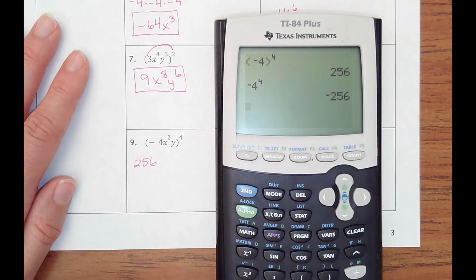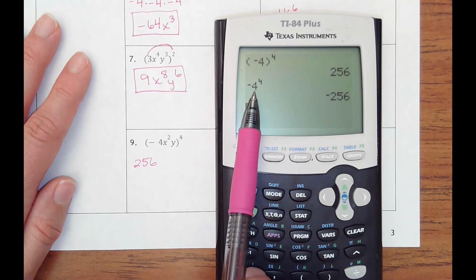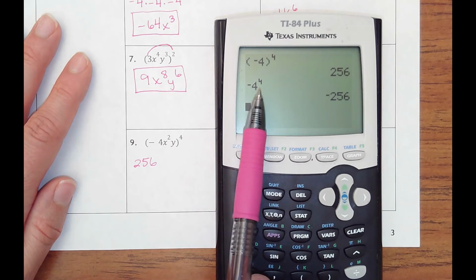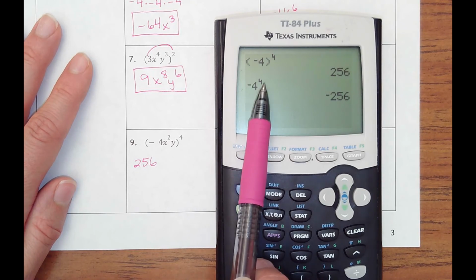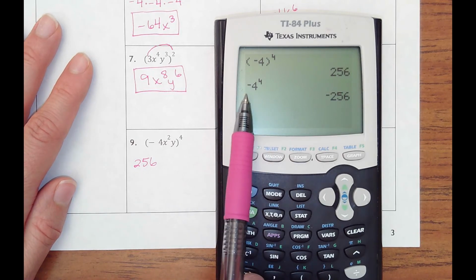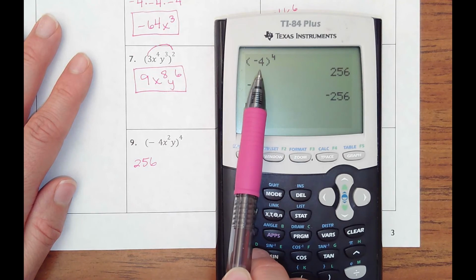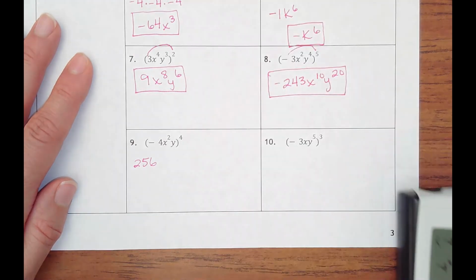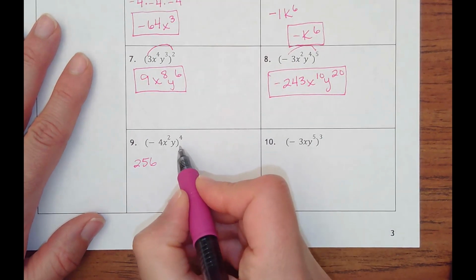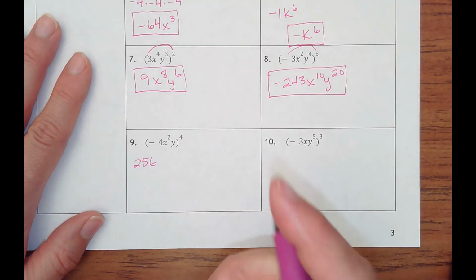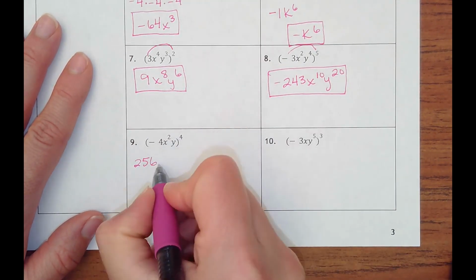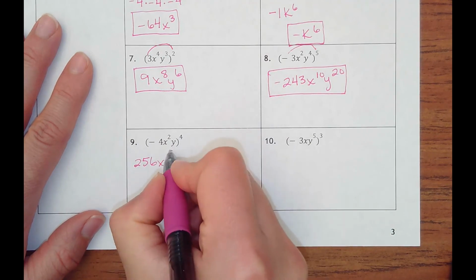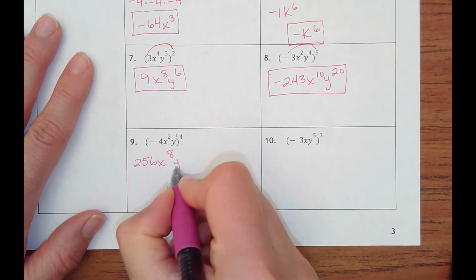The calculator's not wrong. How you put it in is wrong. Your calculator's doing order of operations, so it's going to do the exponent part first, 4 to the 4th power, and then times that negative in front. Versus we actually want to take -4 times itself 4 times, which results in a positive. So even power, always a positive; odd power, a negative if the number is a negative. Okay, and then we would have 2 times 4 is 8, and 1 times 4 is 4.